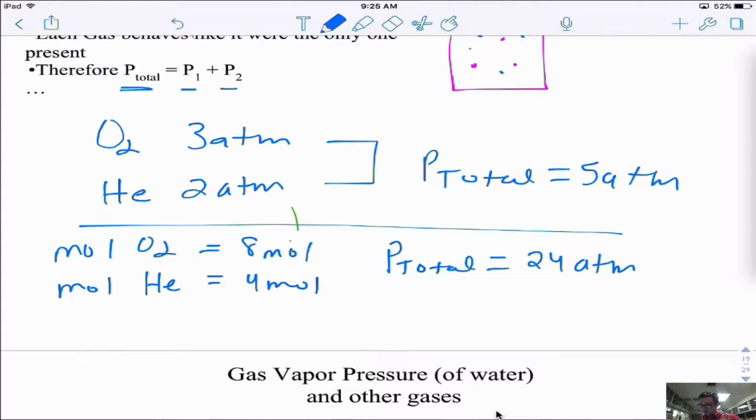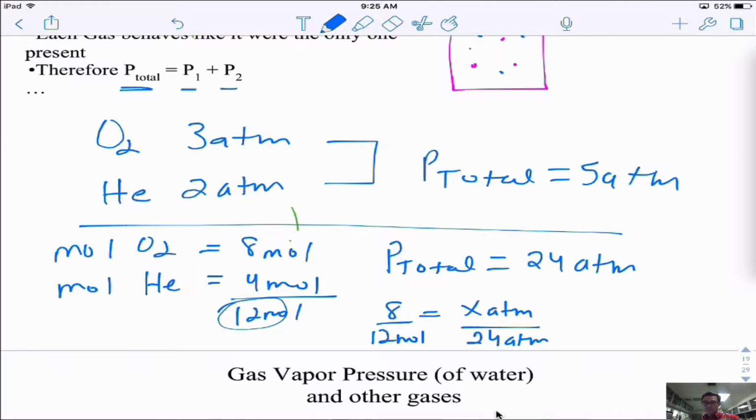Well, we could look at oxygen. Oxygen, for its 8 moles, is exerting X atmospheres of pressure, whereas the total moles, which is 12 moles added together, we know already is occupying 24 atmospheres.